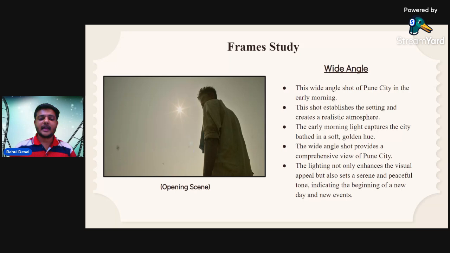The lighting not only enhances the visual appeal but also sets a serene and peaceful tone, indicating the beginning of a new day, new events, new moments, new ideas, and new thoughts.